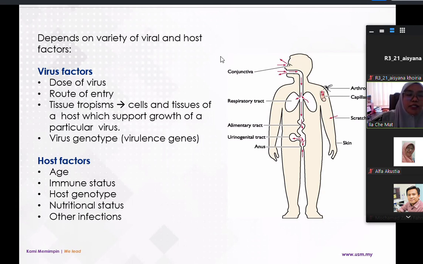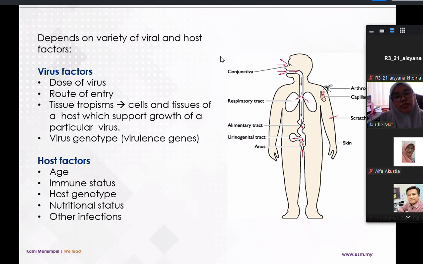But for those who are younger, like kids and babies, the immune system is not well developed, so they are at risk of getting infections. And for the elderly, the immune system is probably already weak. They reduce the production of immune cells, like B cells and T cells. That is why older people can get infected easily.